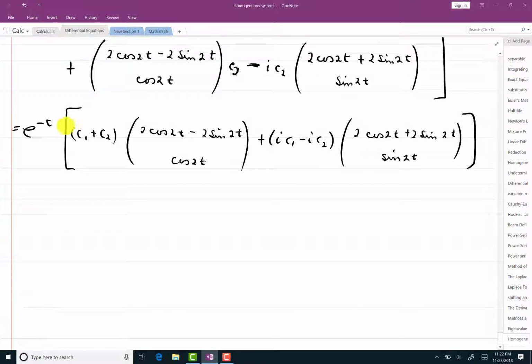And as we've done in the past, I will rename my constants as needed, and I can write my answer anew as e to the negative t. I'm going to call this C1, maybe a big C1, just to differentiate, but I don't need to.